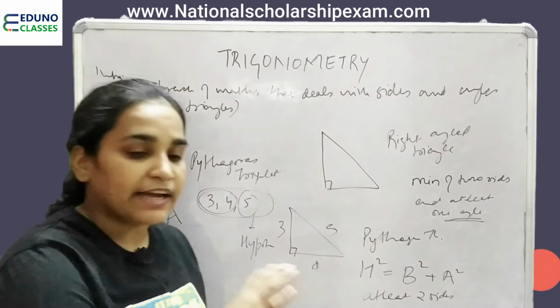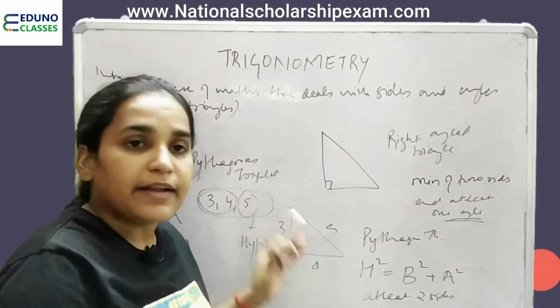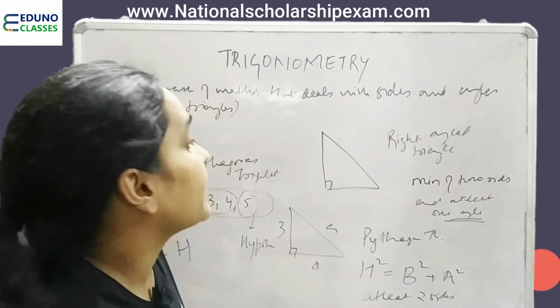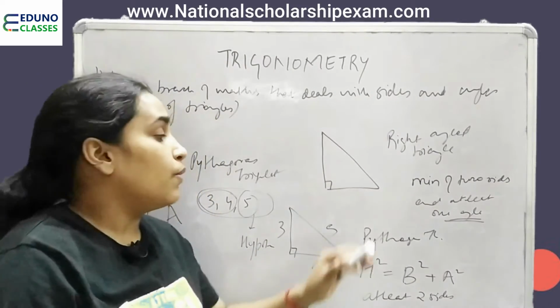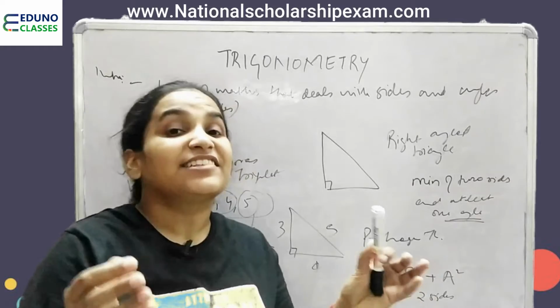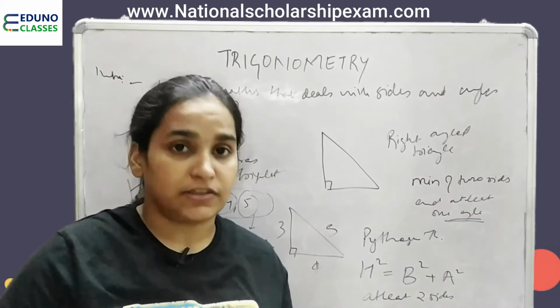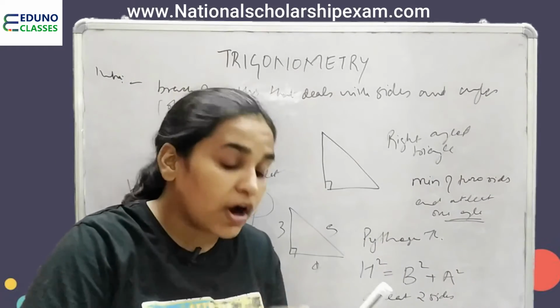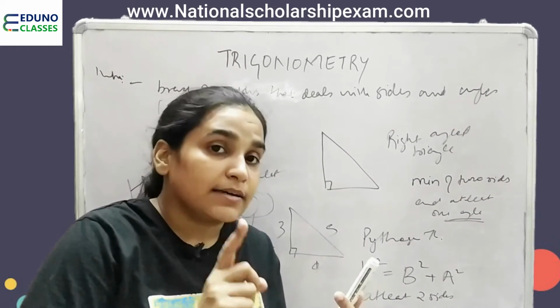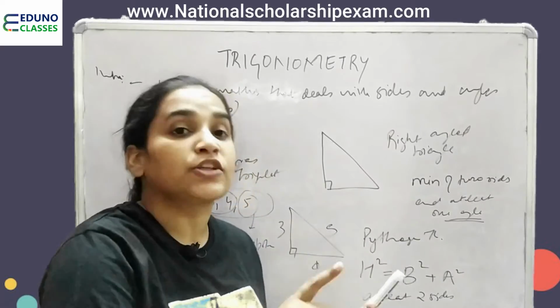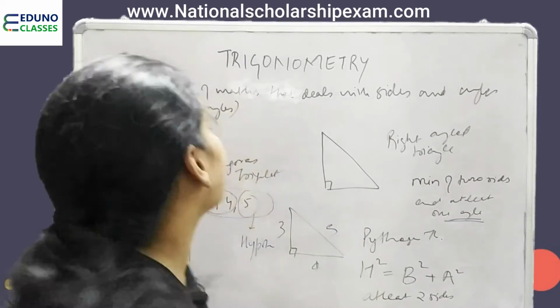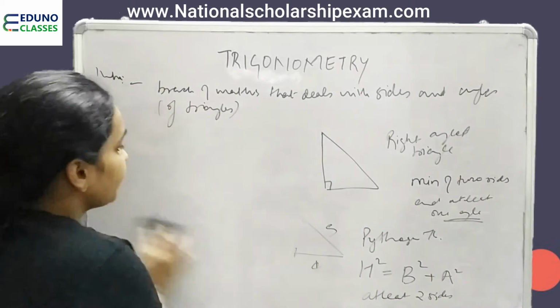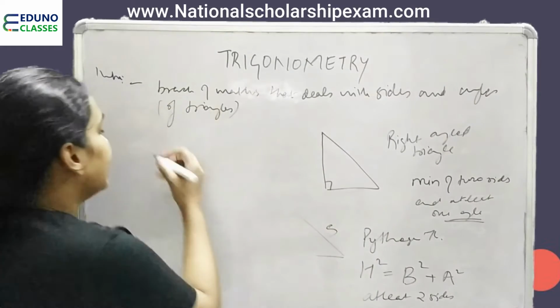Then we can make whatever right angle triangle we have to make. Okay, suppose the information given to us is in the form of angles. Then what are the numbers of information that should be given to us in order to make a right angle triangle?